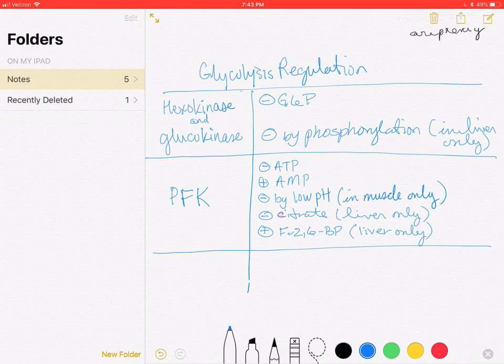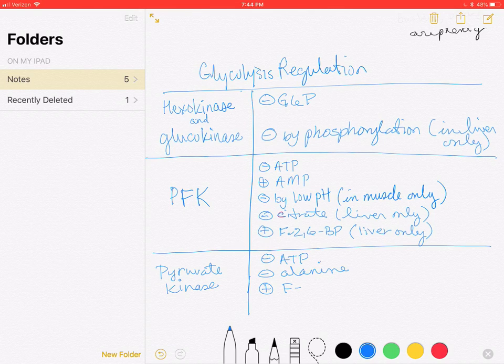Let's continue this table. Continue finishing it. We've got pyruvate kinase, the third enzyme that's regulatory. We learned that it's inhibited by high energy. It's also inhibited by alanine, which is a signal that there's plenty of building blocks.